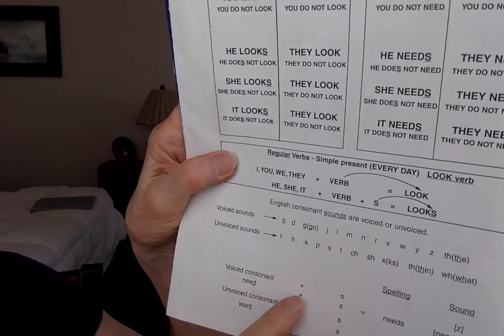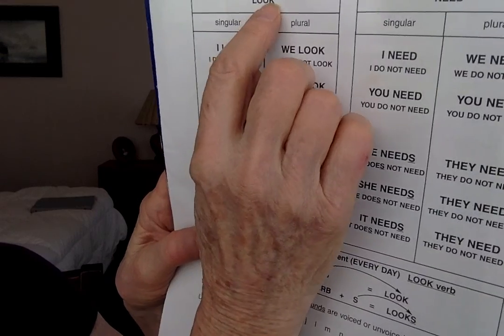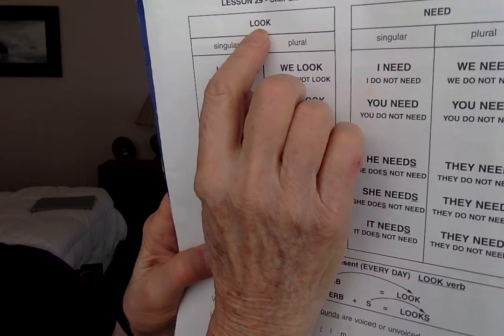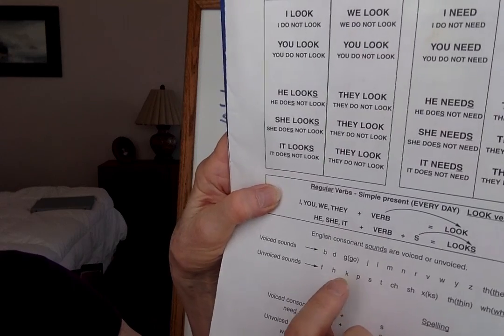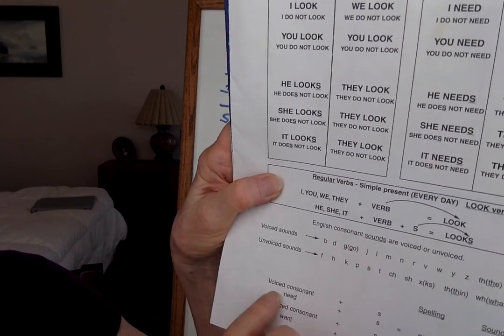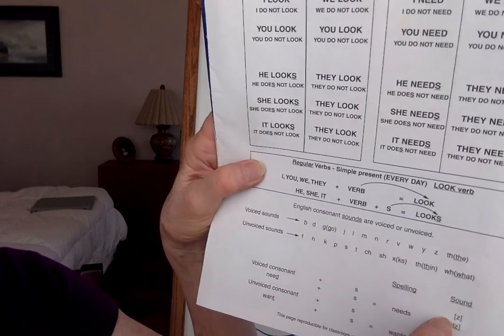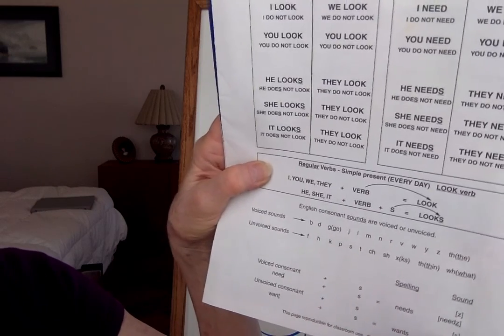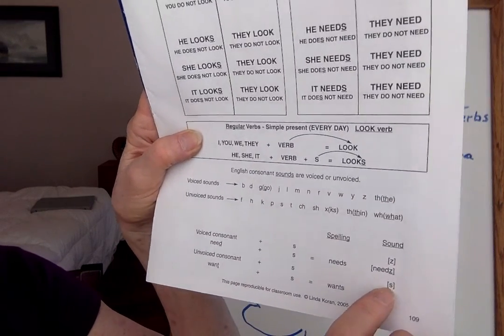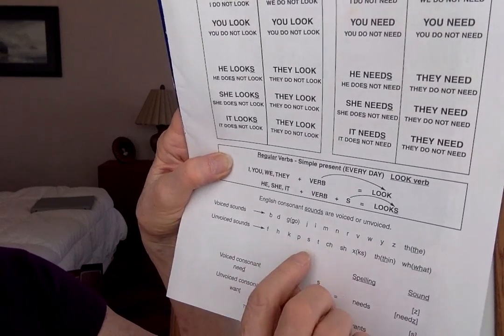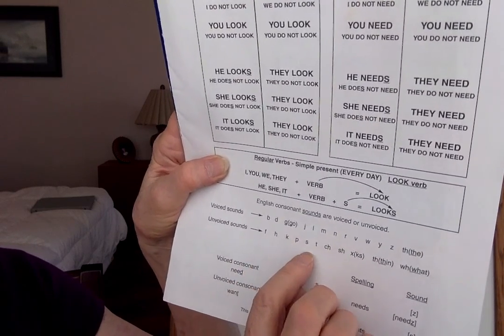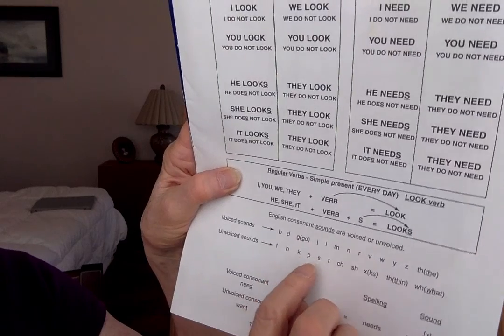Por ejemplo, look. Es sin voz. Si es sin voz, sonido al final is S. So looks con S. Because K and S, k, s.